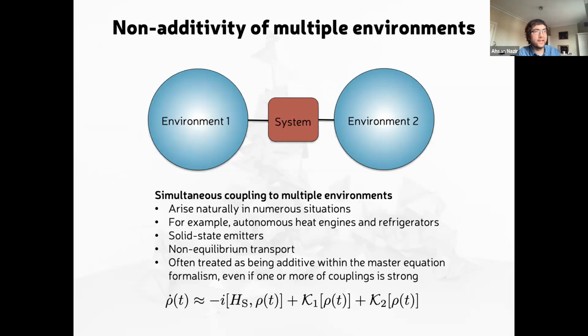And I'll talk a bit later about if we just phenomenologically enforce additivity in that kind of situation, we can find some somewhat bizarre behavior, so non-physical behavior, in fact, things like breaking the Carnot bound in thermoelectric transport, or even non-physical current flow in a nanojunction where there's no temperature gradient or no voltage bias. So it should be an equilibrium situation, but current flows nevertheless if we enforce additivity.